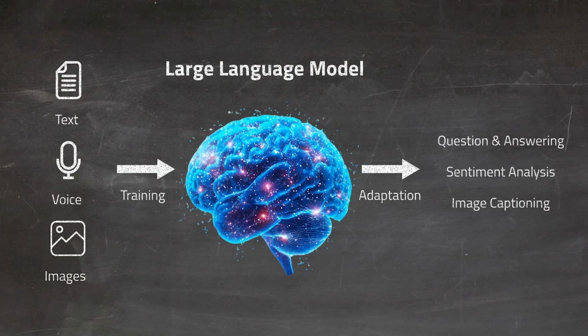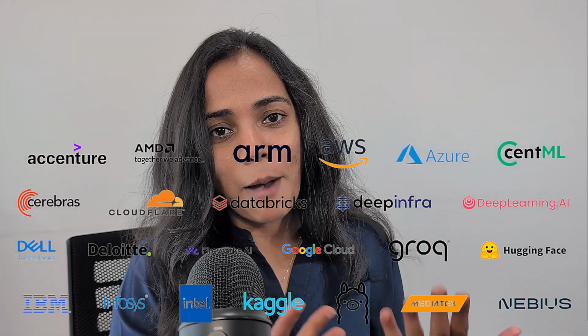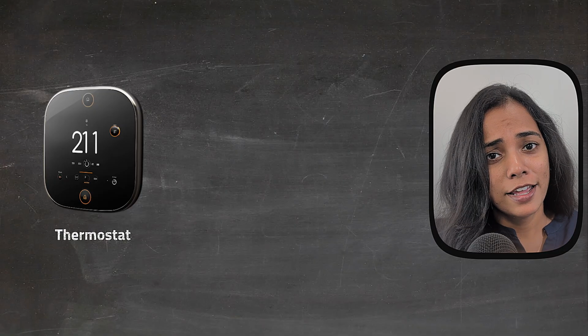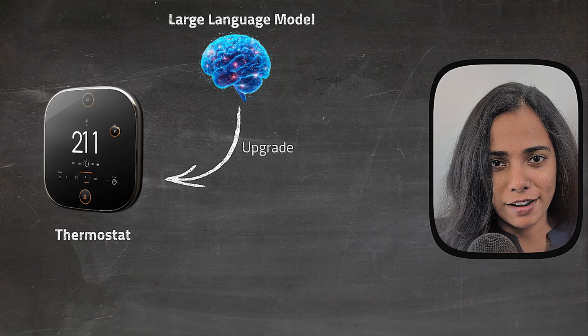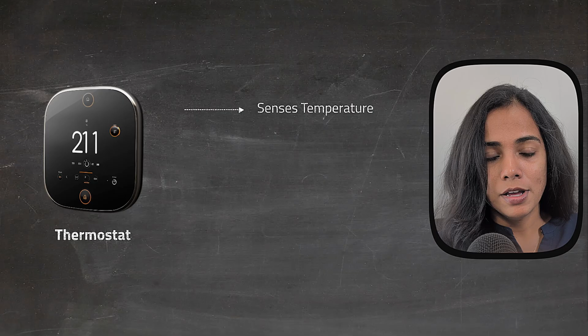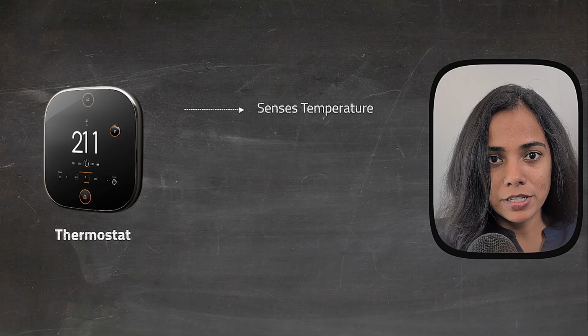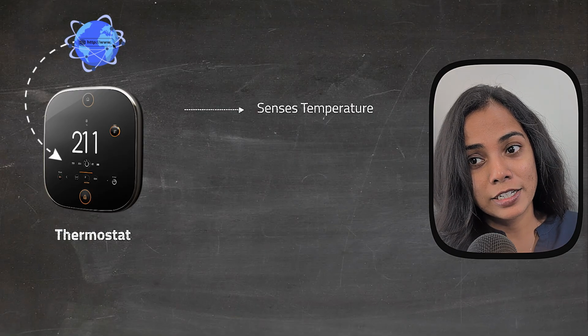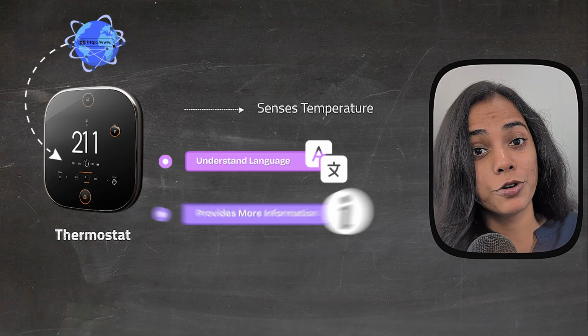So that's an agent. Now enter large language models that basically upgraded these agents to be able to intelligently make a decision on what action to take. So what happens when you take a plain old agent like your thermostat and give it an upgrade using a large language model? So now your thermostat senses the temperature, but now it has this ability to pull information from the internet, let's say, and understand language and give you more information.